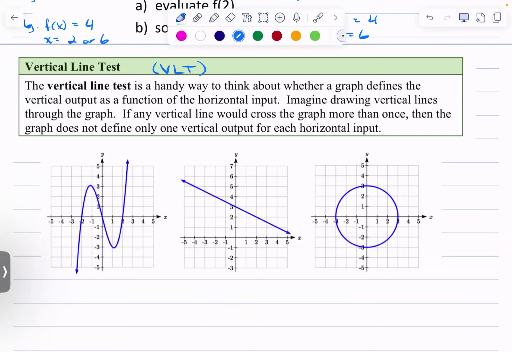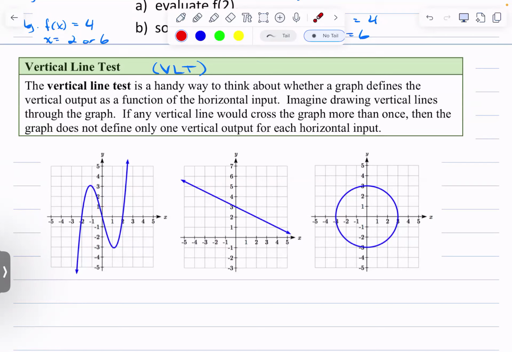The vertical line test, okay, it is a handy way to think about whether a graph defines the vertical output, which is your y, okay, as a function of the horizontal input. Okay? So really what that's saying is it's a way of seeing if a graph is a function or not.